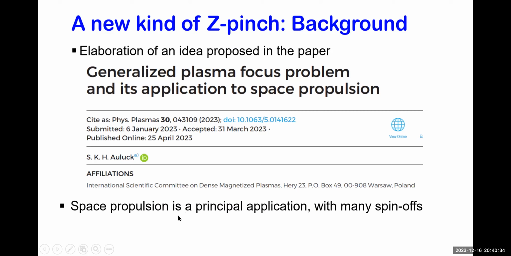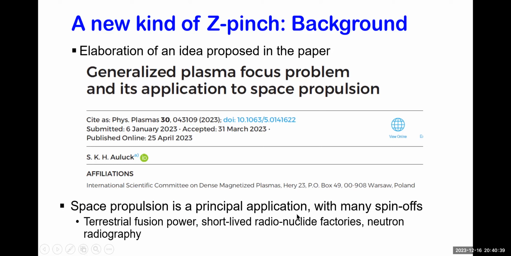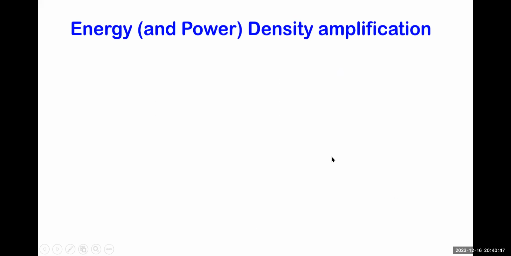So space propulsion is proposed as a principal application, but there may be many spin-offs such as terrestrial fusion power, short-lived radionuclide factories, or neutron radiography as well. This is actually a repeat of a talk which I gave at the recent ICPCA PSA 2023 conference.